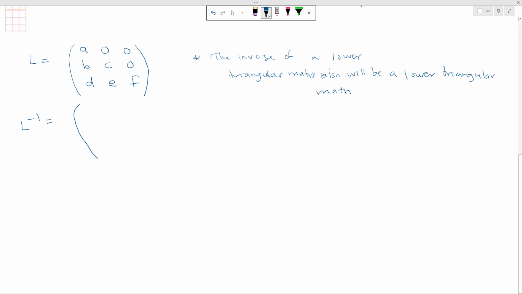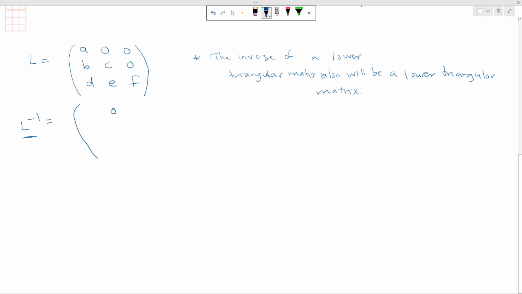This is the first point that you should remember. Since this is a lower triangular matrix, the inverse will also be lower triangular. So the corresponding elements for this entry and this entry in the inverse of the lower triangular matrix will also be 0.